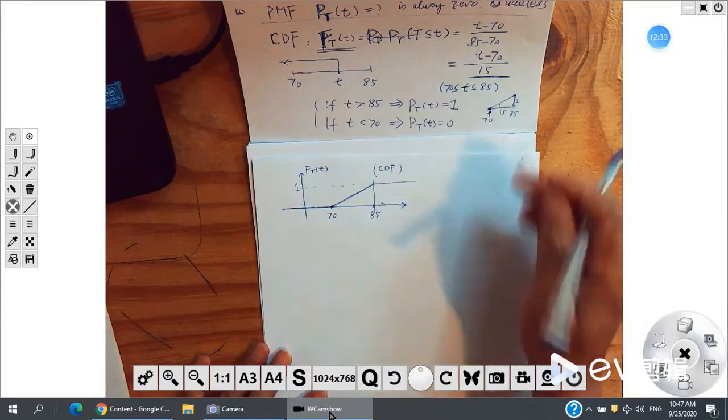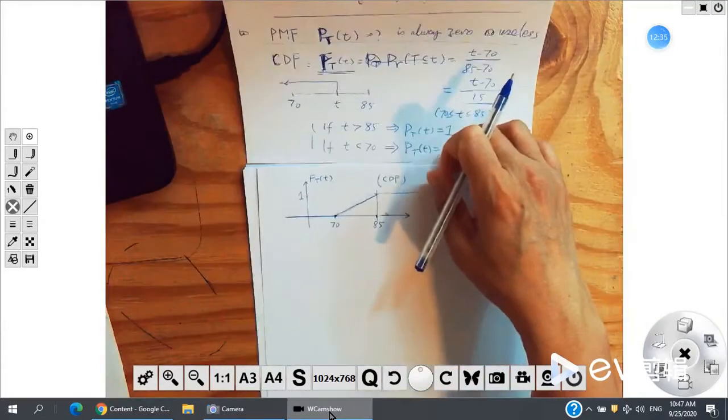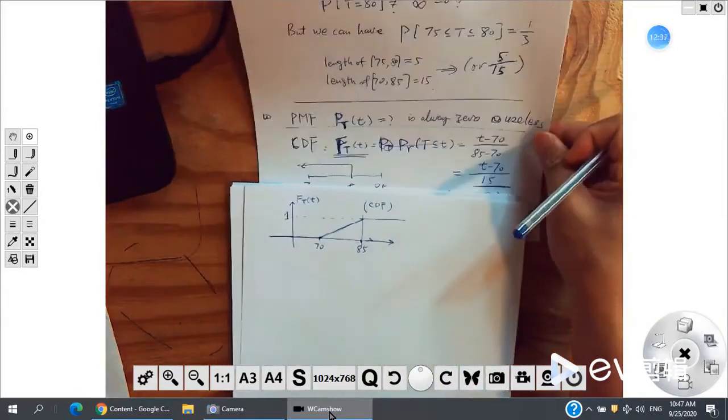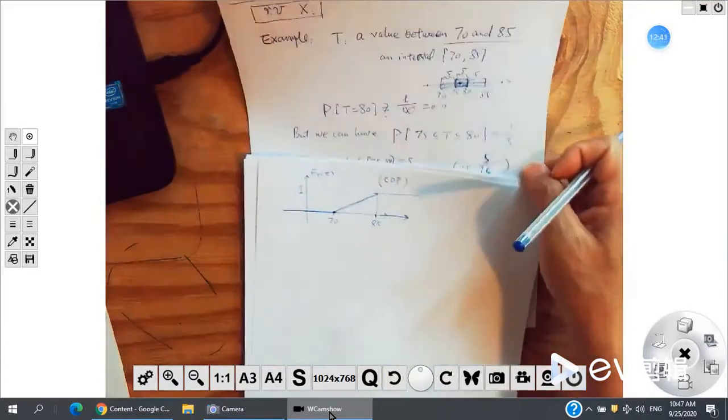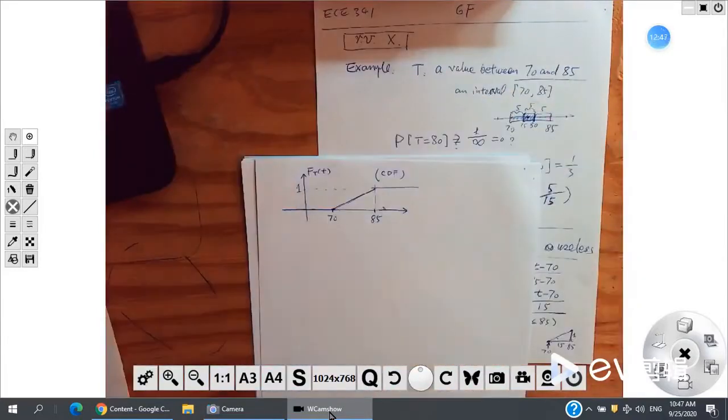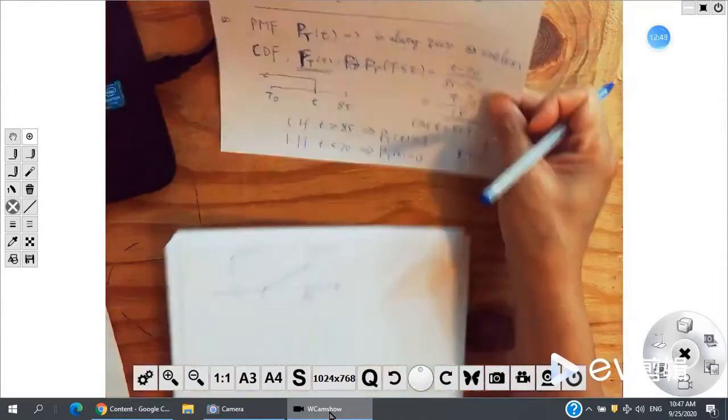We compare this with the random variables we already studied. This is different. For the earlier examples, we have a sequence of values.